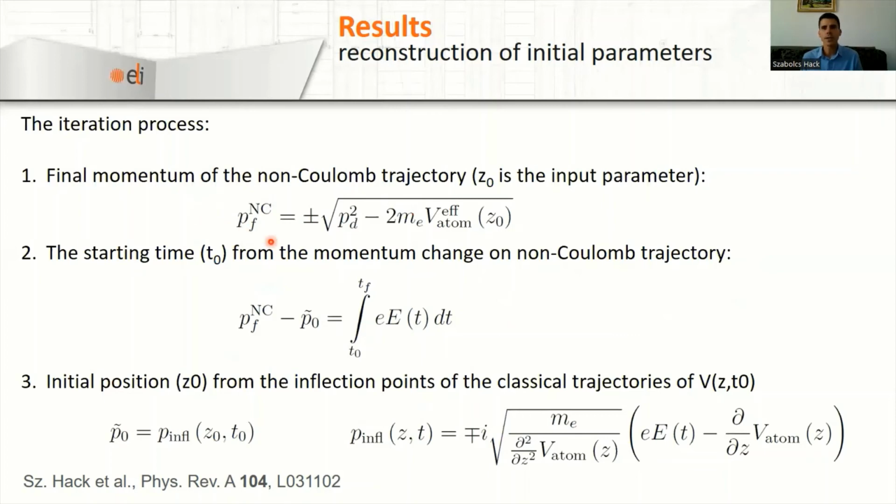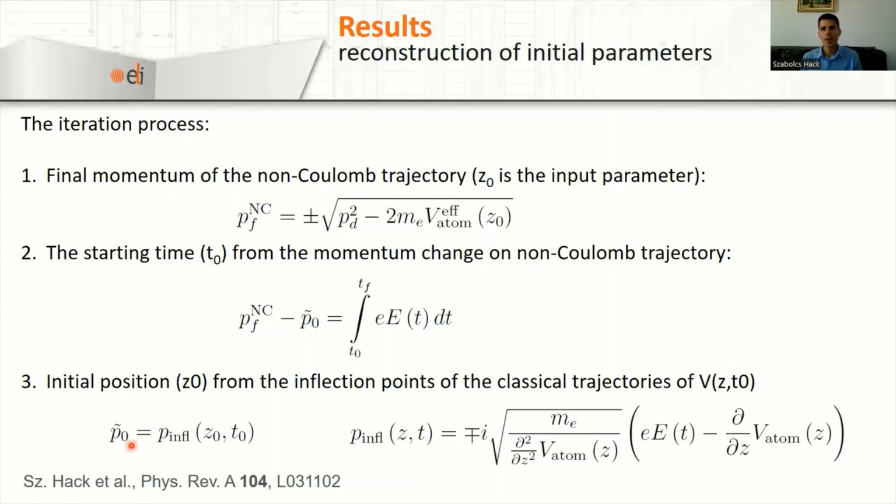We calculate this from the measured momentum and from the input parameter of the iteration, which is the initial coordinate. Secondly, we calculate the starting time of the classical propagation. P tilde 0 indicates the average value of the possible initial momenta obtained from the simulation.